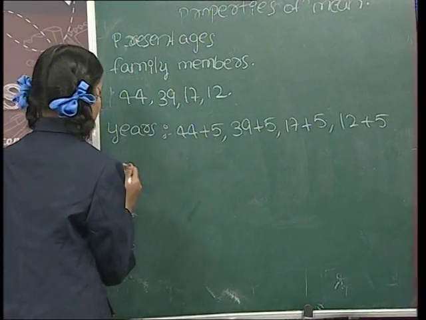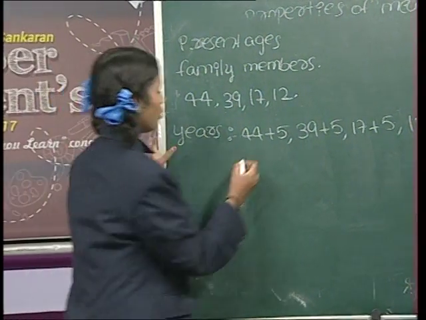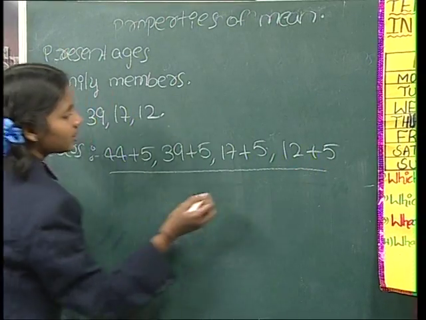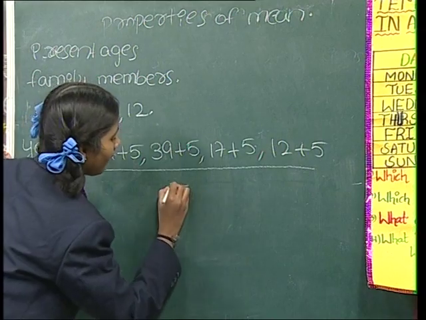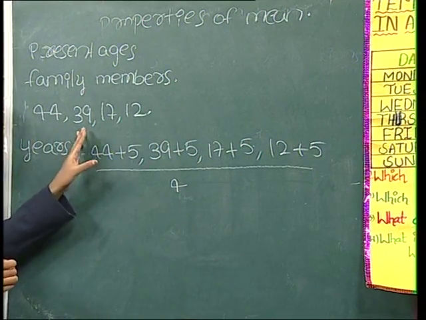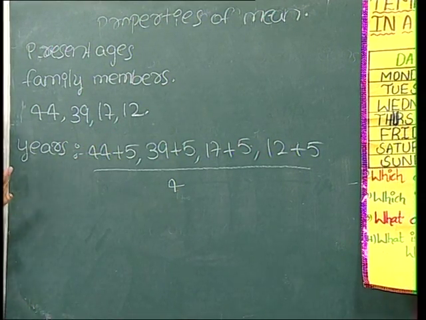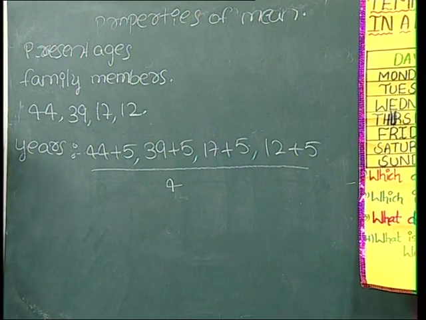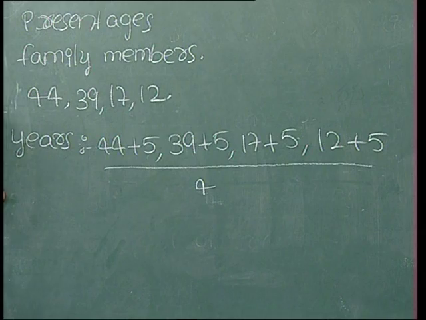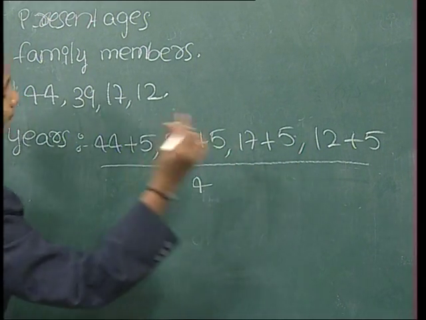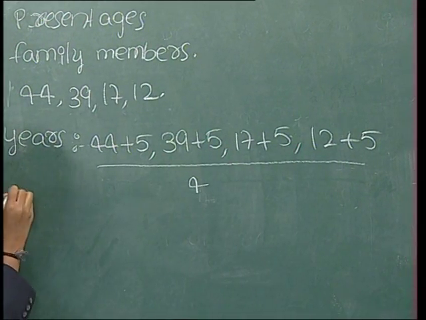So what should we divide by? Yes, exactly 4, because here the observations are 4. So we divide by 4. As per the definition of mean, we have to sum all these ages of the present family members.